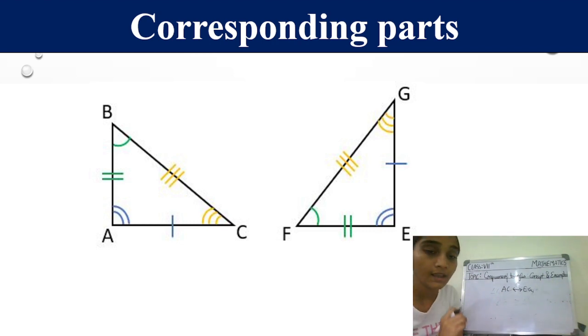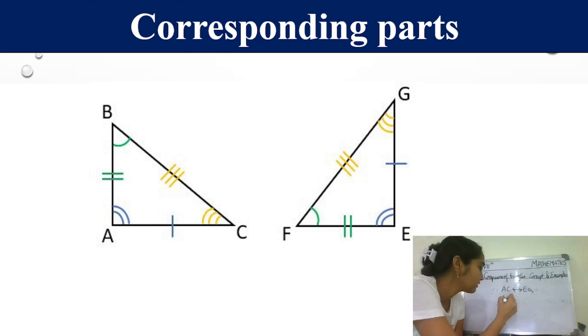Corresponding means equality only. So what about AB, students? AB is corresponding to which side of triangle EFG? Yes, AB is corresponding to FE. Very good, students. We will write the symbol of this correspondence and then EF.